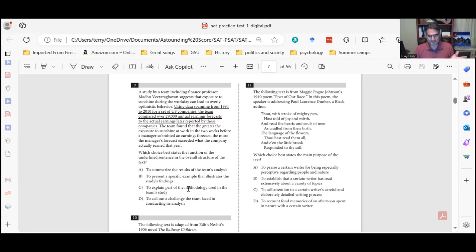So C is clearly our answer, unless D has something incredible to say. I don't think it does. Even so, C has to be the answer. It's not going to be displaced by another answer, but let's just check it out anyway. D, to call out a challenge the team faced in conducting its analysis. Doesn't talk about a challenge. It has a big number here, 29,000 annual earning forecasts.